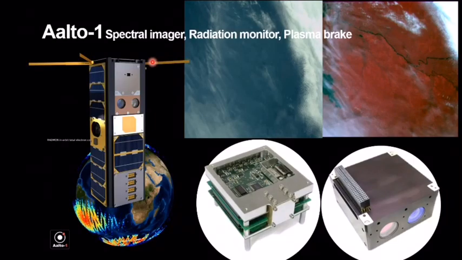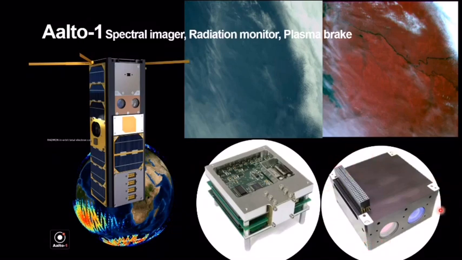All right, so the next one is spectral imaging, radiation monitoring, and plasma breaking with a single CubeSat. This CubeSat is Aalto 1, which was Finland's first mission. This particular CubeSat hosted all of these three payloads. You can see the imager payload on the bottom right side of my screen.